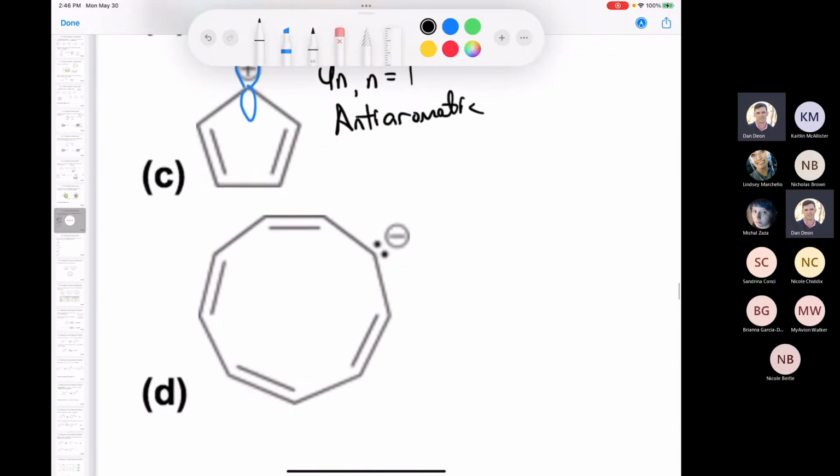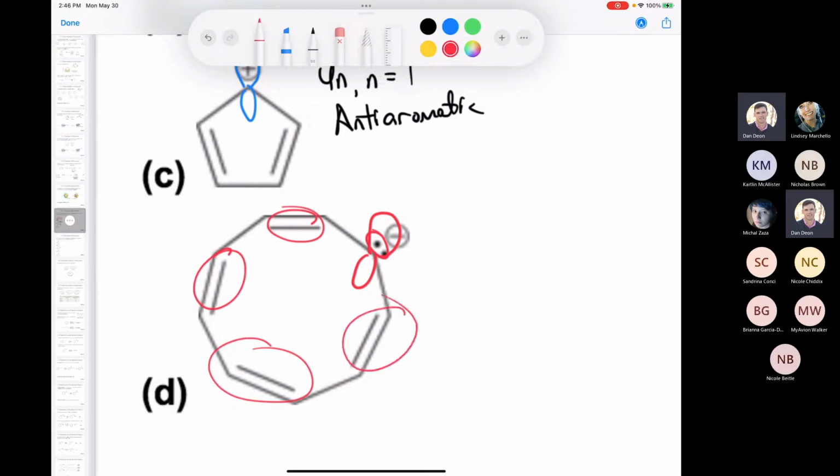And what about the last one? Does anybody have an idea about the last one? Would this be aromatic or anti-aromatic? Or non-aromatic? It's not anti, because if we have these electrons in a p orbital, then we have 1, 2, 3, 4, 5, 6, 7, 8, 9, 10 pairs of electrons in a continuously overlapping system of p orbitals.